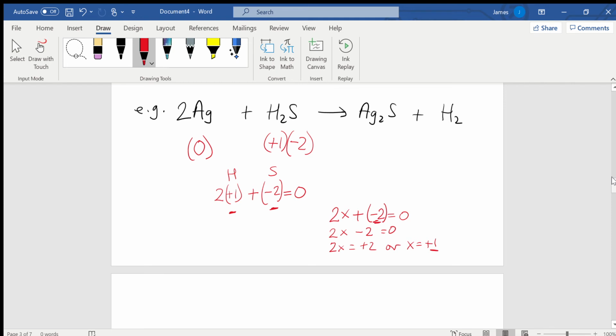So silver is plus 1. Again, we don't worry about the fact that there's two of them. There are 2 plus 1 silvers. There's not 1 plus 2 silver. And again, sulfur is -2. And hydrogen is elemental, so oxidation state 0. Okay.